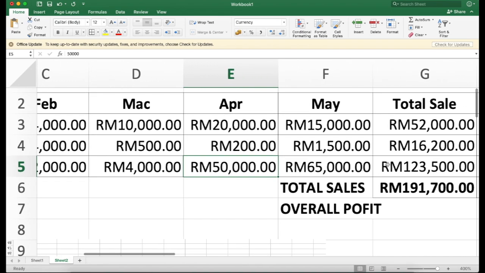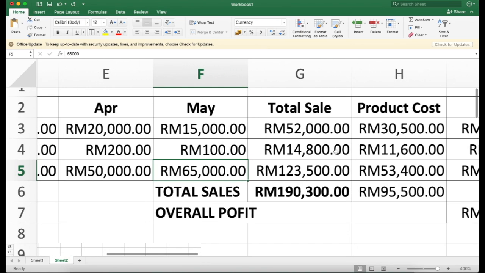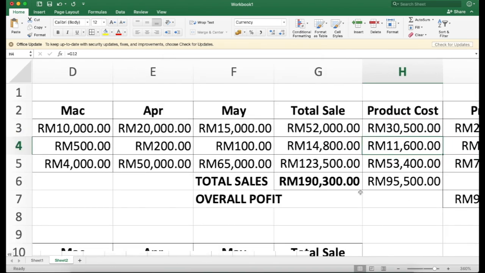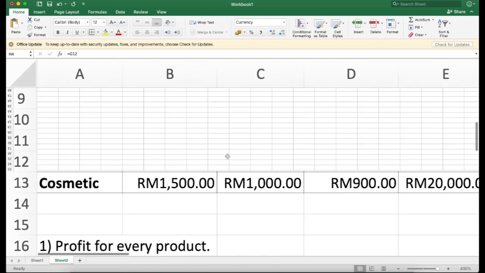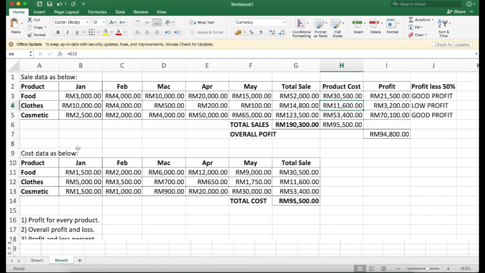So dia akan... so total sale 11,000. Product cost, katakan kita tinggikan product cost. Mana ni? Okay, untuk close okay, product cost ni kita 1,000. Okay, 5,000. Alright, so dia akan jadi negatif lah.